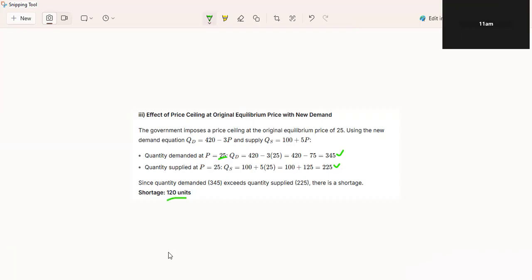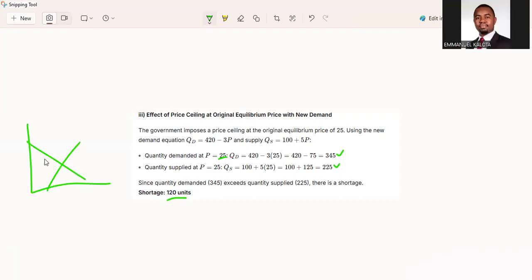So this will cause a shortage. So you have equilibrium. If there is more demand than supply, we're going to have a disequilibrium that may come around. So this is what we're talking about here.